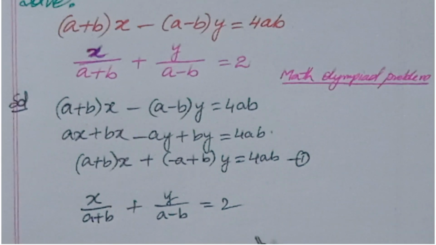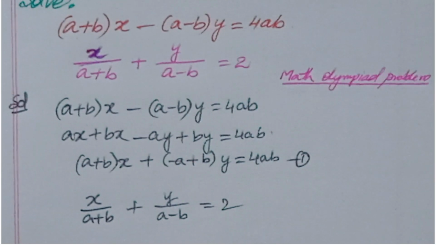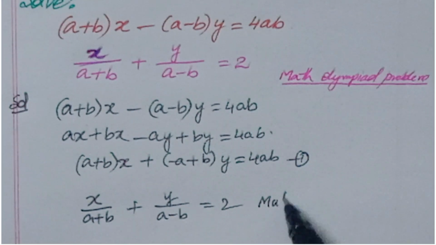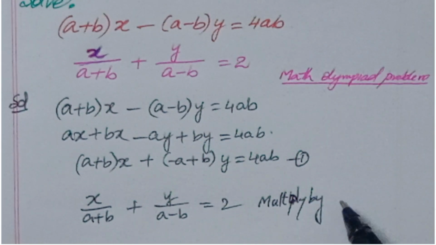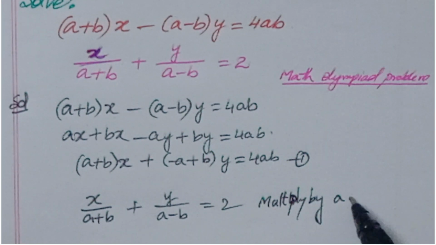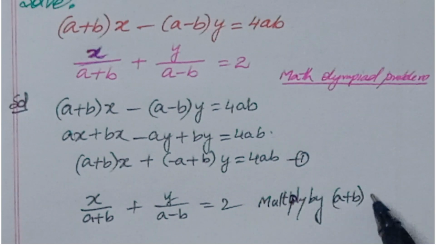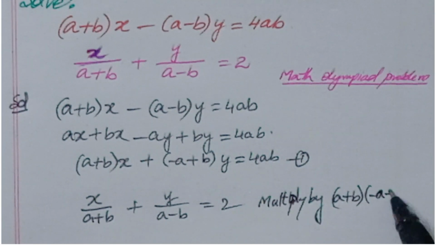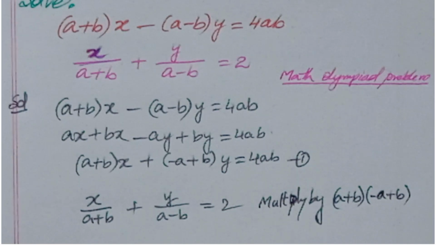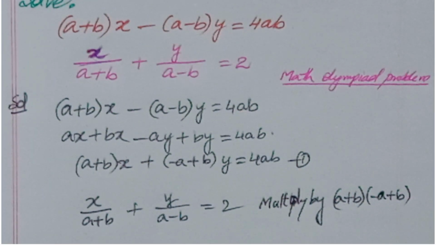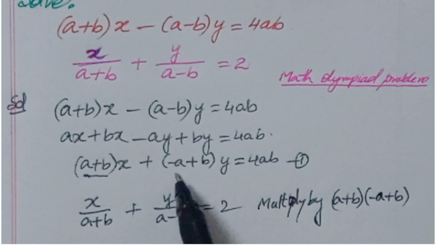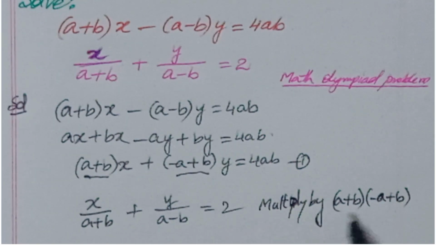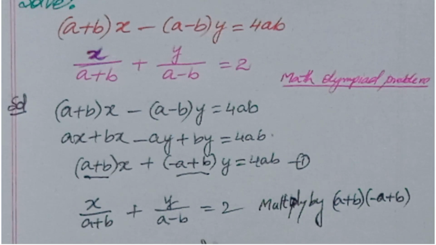So how to get the equation here? Multiply by (a+b) and (-a+b). Whatever values you are getting here, with those values you are multiplying the second equation.